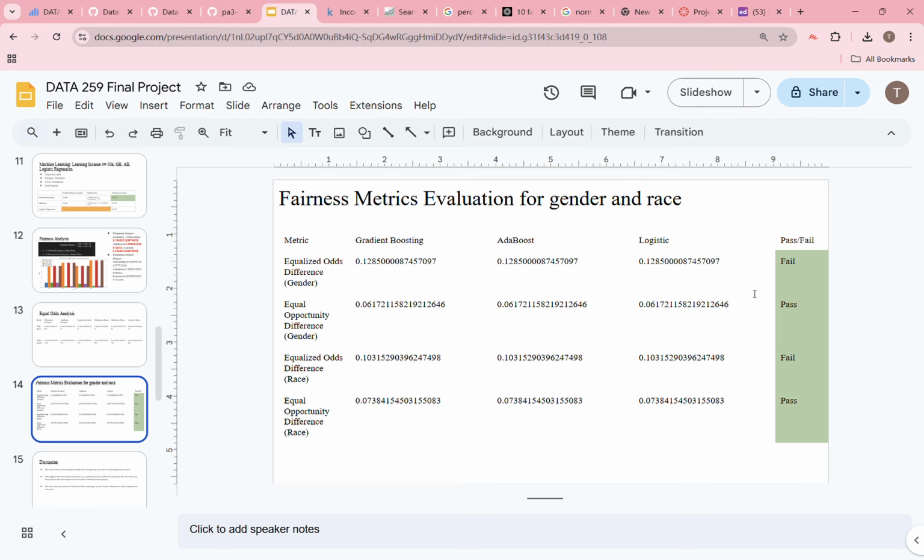It looks at both sides of the problem, while equal opportunity difference only looks at the true positive rates. If the value is closer to 0, there's a smaller gap between different populations, meaning it is a fairer outcome.